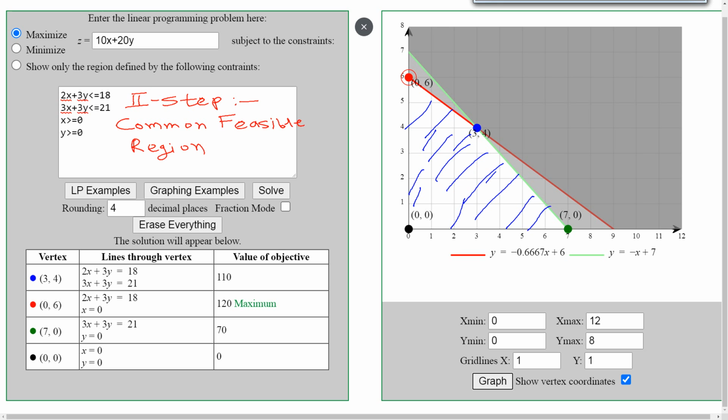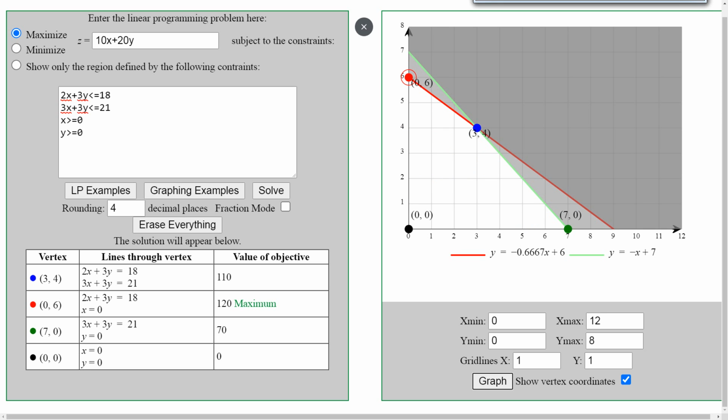Now the third step is to find the vertices of the common feasible region.